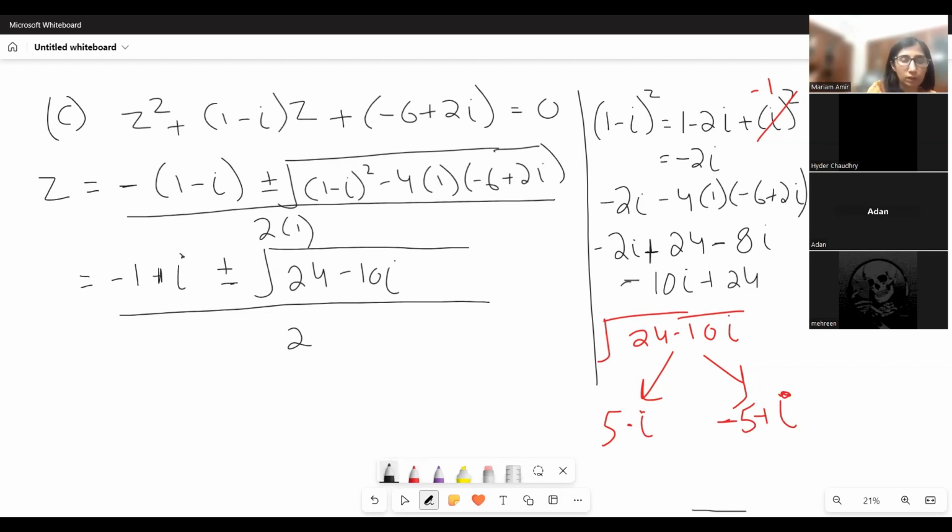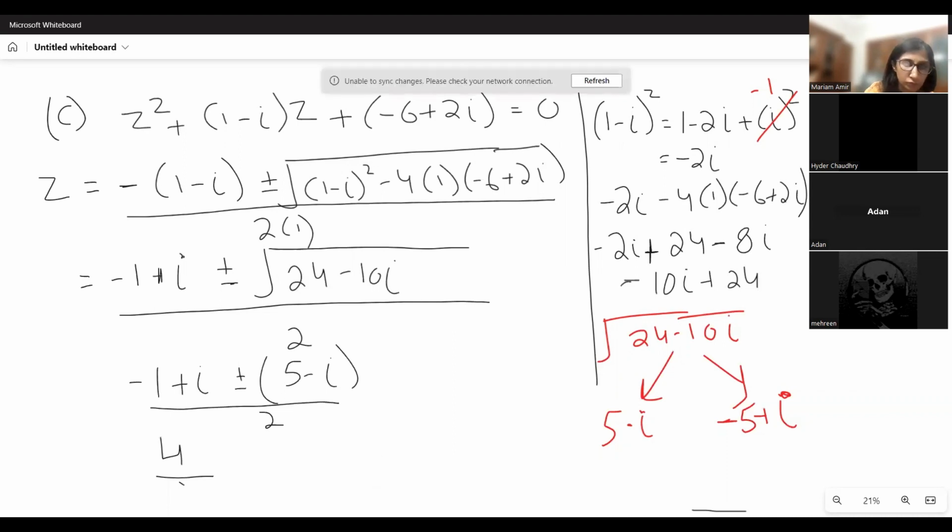So minus 1 plus iota plus minus square root 5 minus iota, brackets, divided by 2. So we're getting minus 1 plus 5 is 4, and plus iota minus iota is actually 0. 4 divided by 2. So one of the solutions is 2.